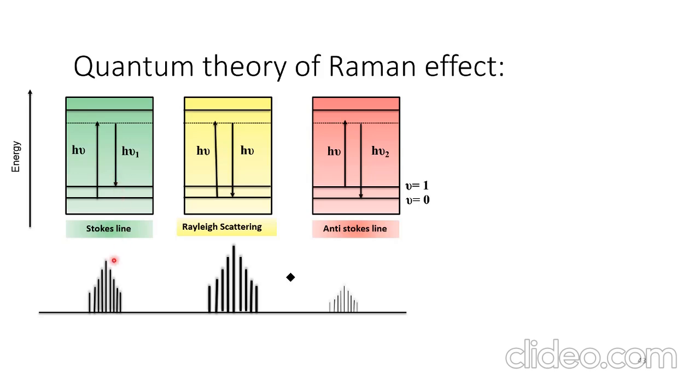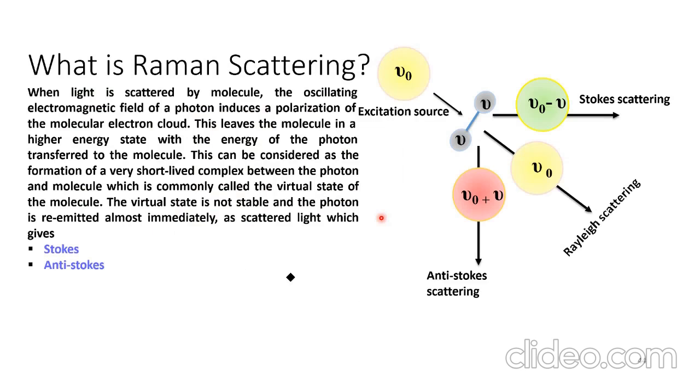So that is the Stokes. When we talk about the anti-Stokes, the electron will come to a lower state as compared to the other one. So it has a particular energy frequency. If the frequency is not changing, it is Rayleigh scattering. However, if the frequency is decreased, that is Stokes, and if it is increasing, that is anti-Stokes.